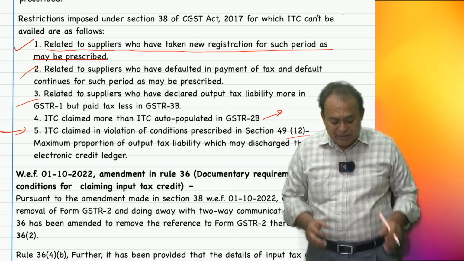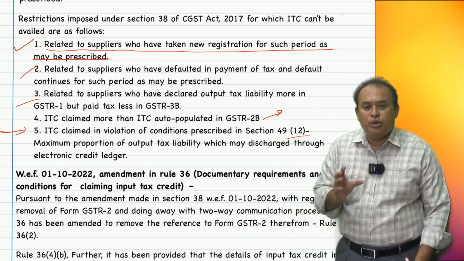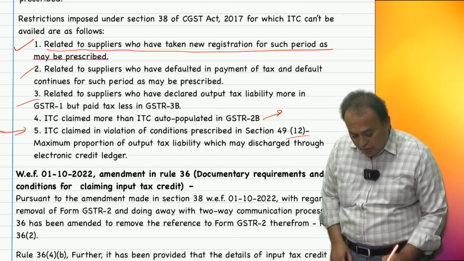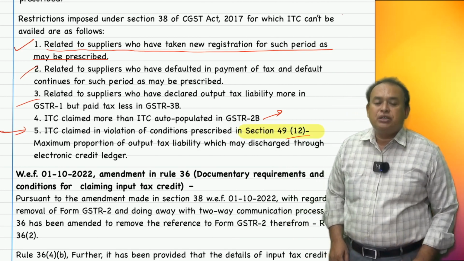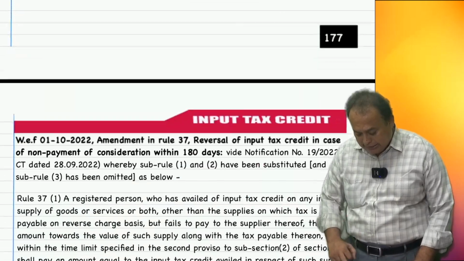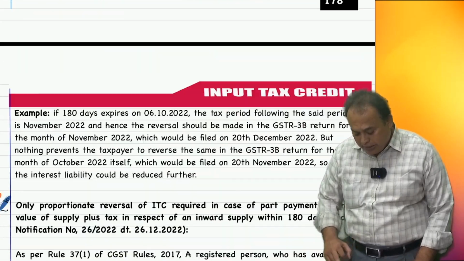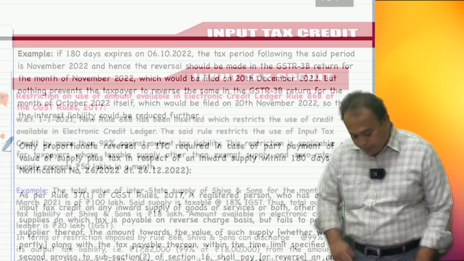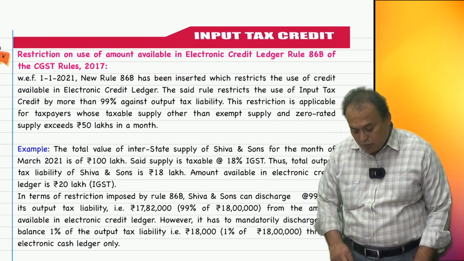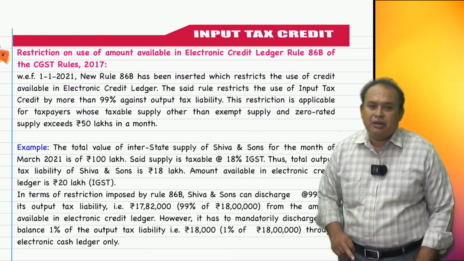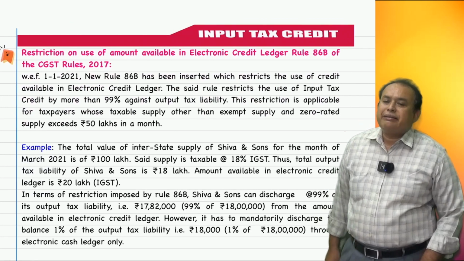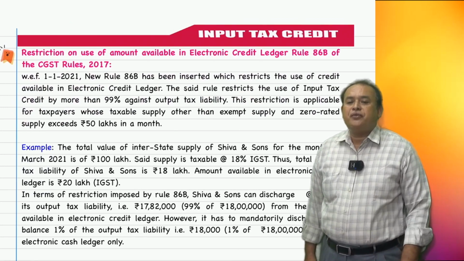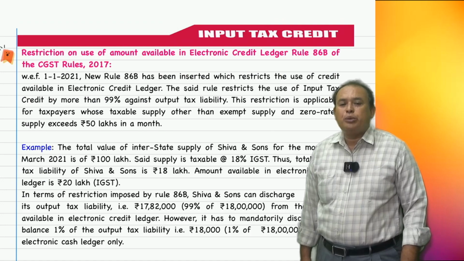I will explain this with the help of an illustrative example, this particular section 49 subsection 12. It is there in our material itself under rule number 86B. That 86B has now been replaced as a section also. Page number 185, if you refer, is available. Restrictions on use of amount available in the electronic credit ledger, rule number 86B.